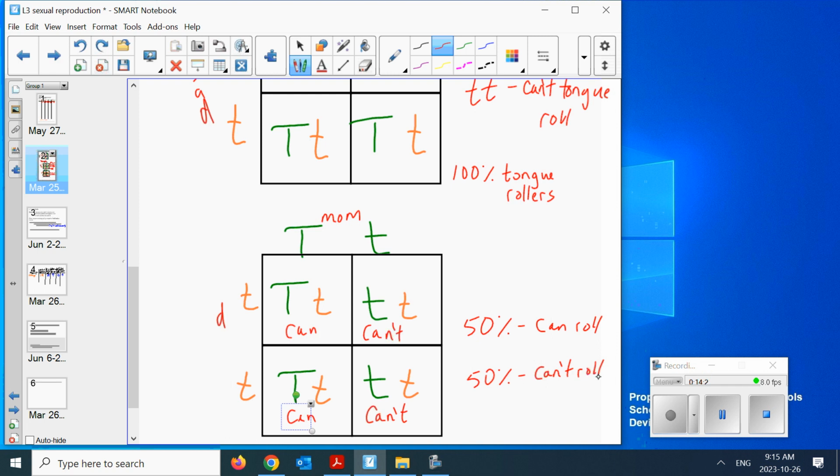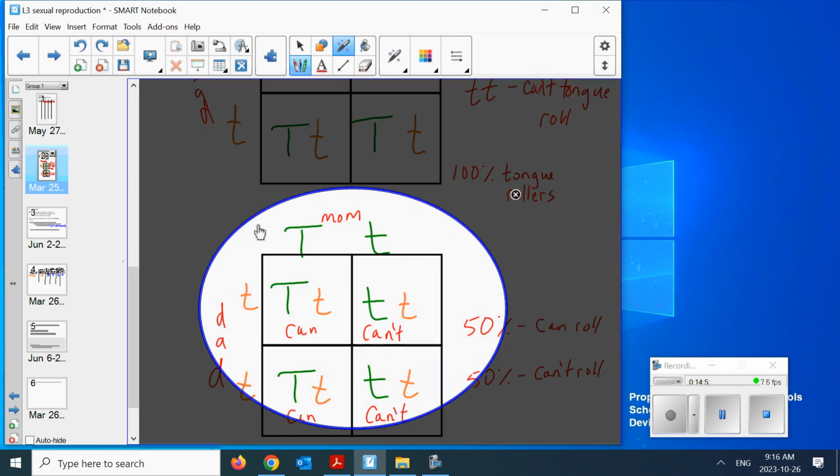Now, here's the thing. Does this guarantee that if a couple, a mom and a dad, if I was the dad in this lower box, this was the mom, this was my scenario, and I have 3 children, all three of my children can tongue roll.